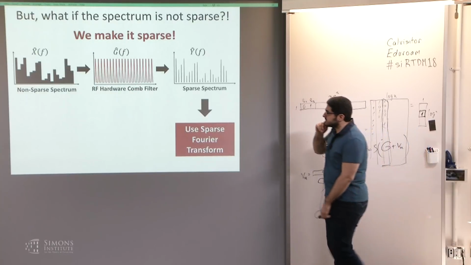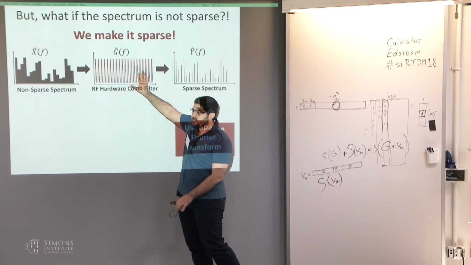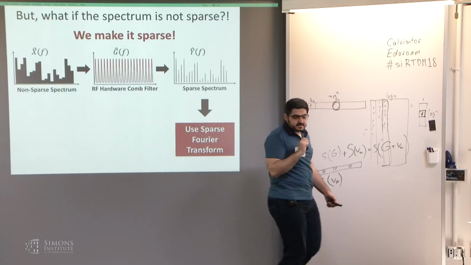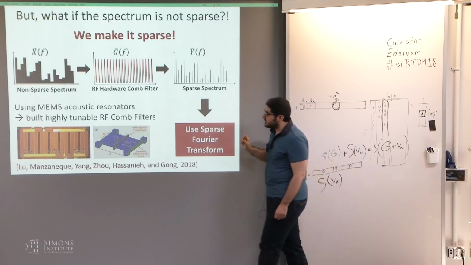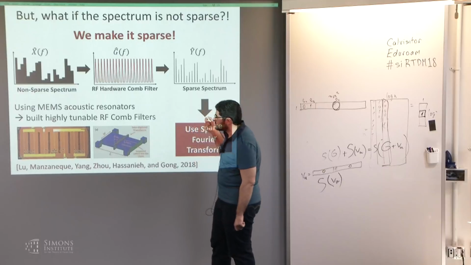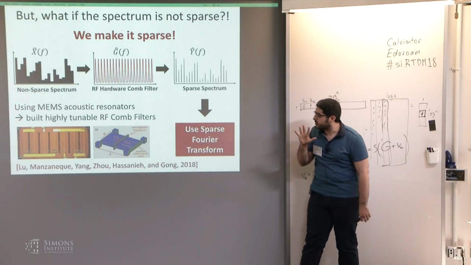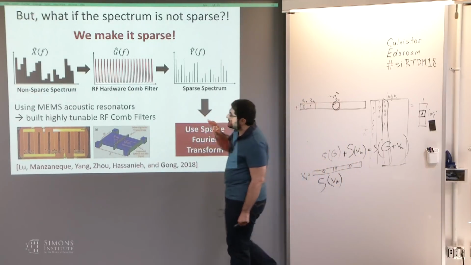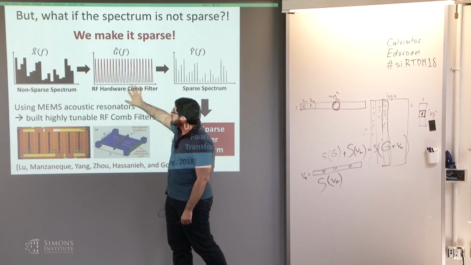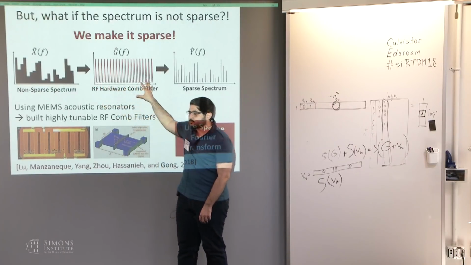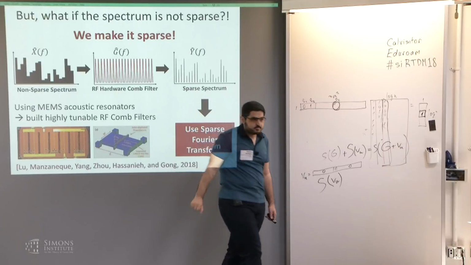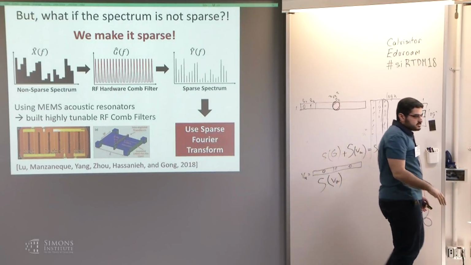Building such a thing turned out to be very hard, and only recently a colleague of mine used MEMS acoustic resonators to build these highly tunable comb filters. We showed that you can now build such things and pass the signal through, and then the problem becomes simple, even when the spectrum is not sparse.